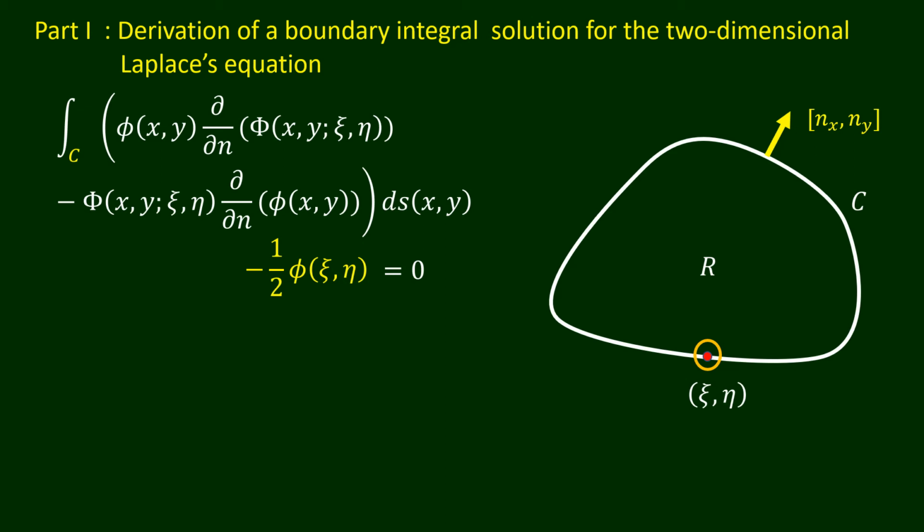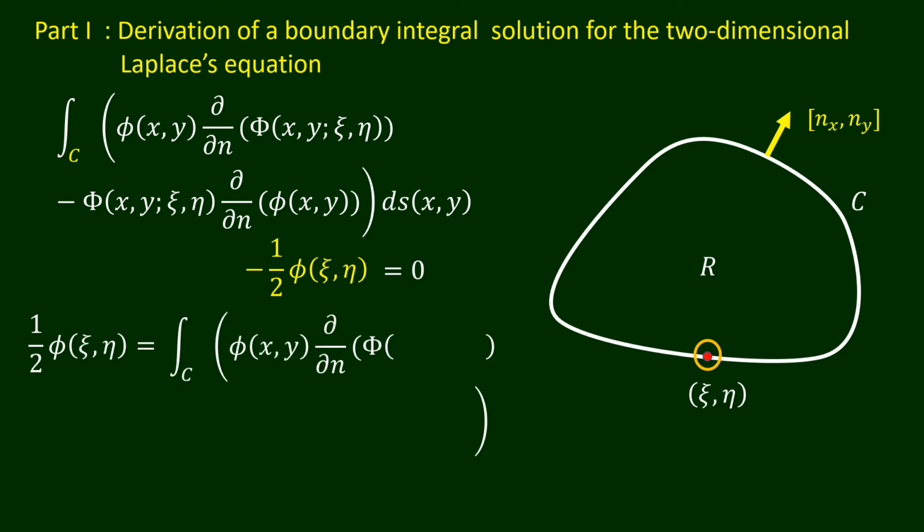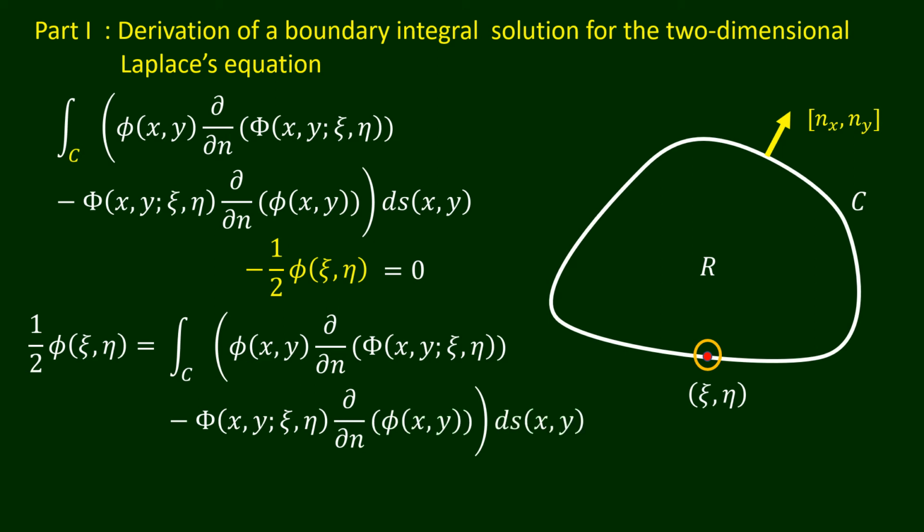We obtain the boundary integral solution: half phi(xi, eta) equals the integral over C of phi, del capital Phi over del n, minus capital Phi, del phi over del n, ds, for the point (xi, eta) on a smooth part of C.